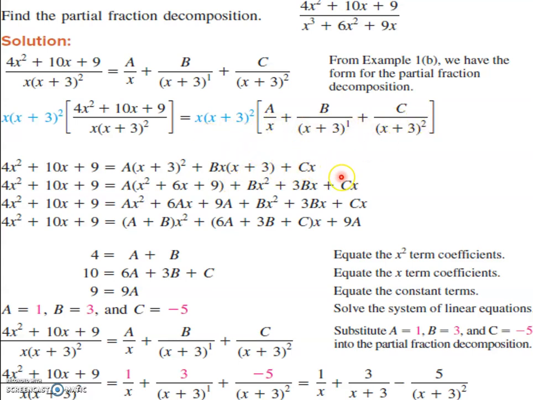What is remaining? C into x. So 4x square plus 10x plus 9. Now we have to simplify. I repeat again: if we have not cancelled with the LCM, then we multiply x into (x plus 3) whole square on both sides. Then these all cancel, and what remains is 4x square plus 10x plus 9.